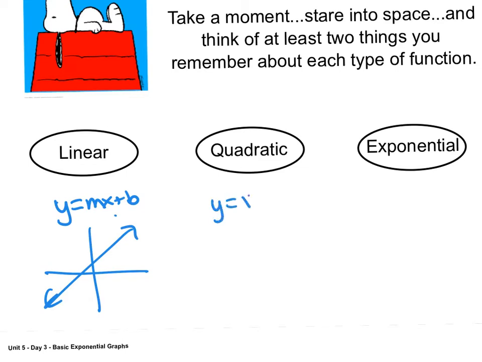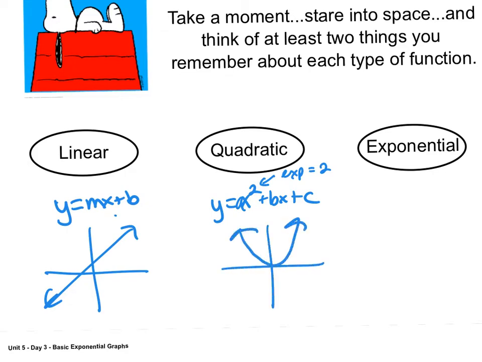Quadratic is something squared, something to a 2 exponent. So ax squared plus bx plus c, and a, b, and c can be any number as long as we have this exponent of 2. That will give us a parabola.